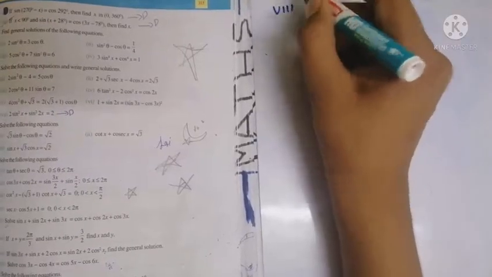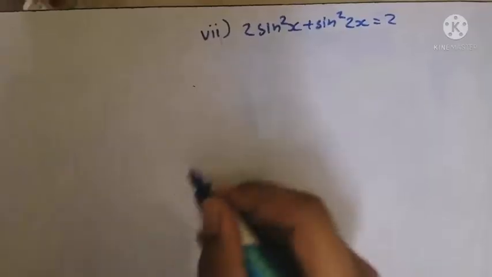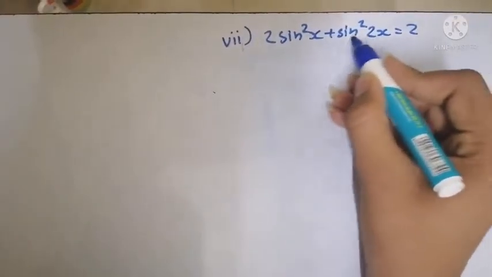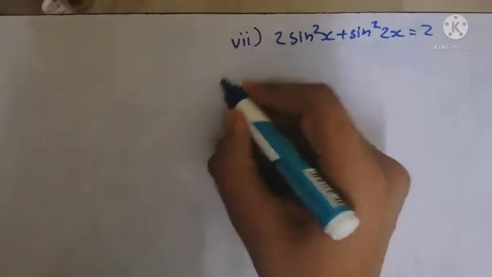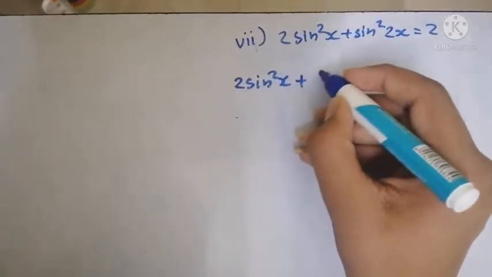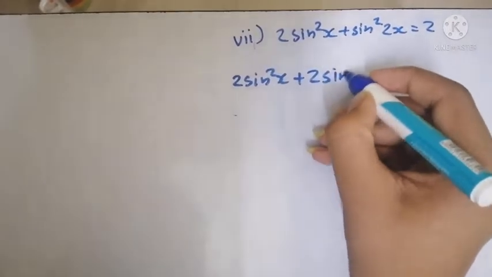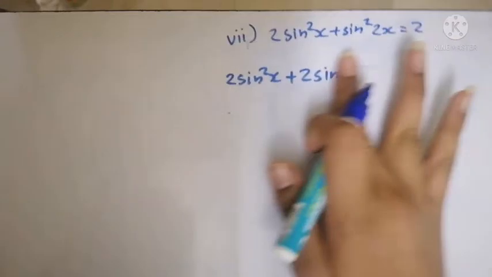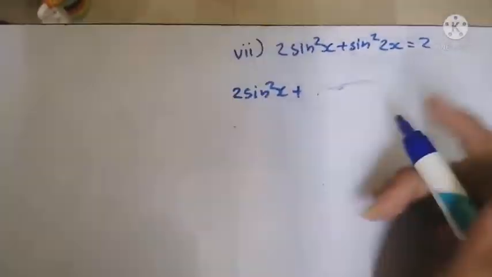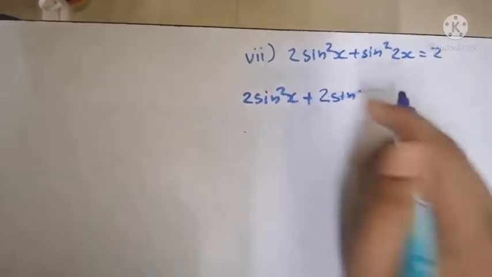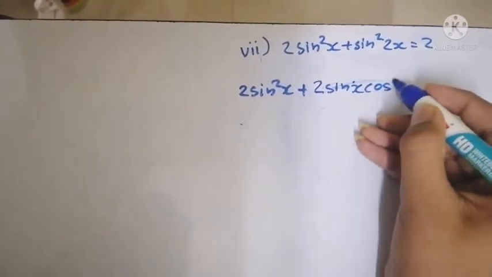So now we are in the 7th problem. By seeing this problem, there is a formula of sin 2x, so we will substitute the formula first. 2 sin square x plus, what is sin 2x? 2 sin x cos x, whole square.